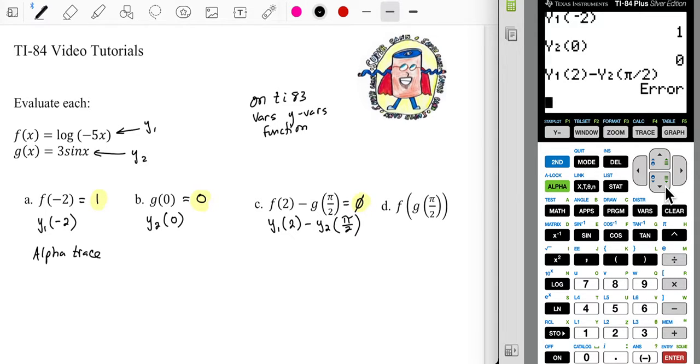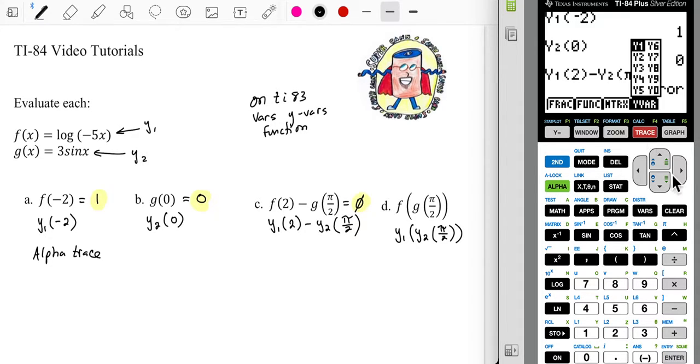All you would be doing is following the notation. F, where we are using y1 instead of an f, of y2 of pi over 2. So alpha trace y1 of alpha trace y2 of pi over 2.